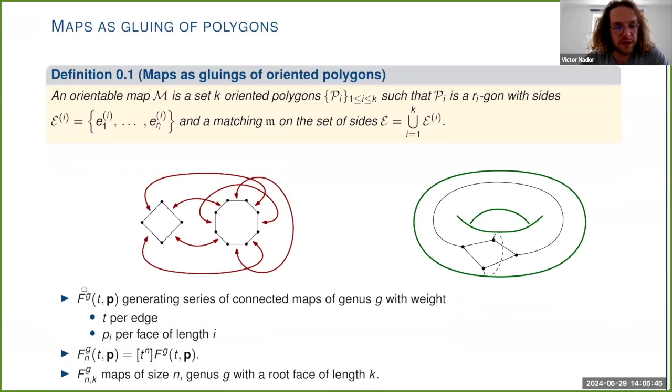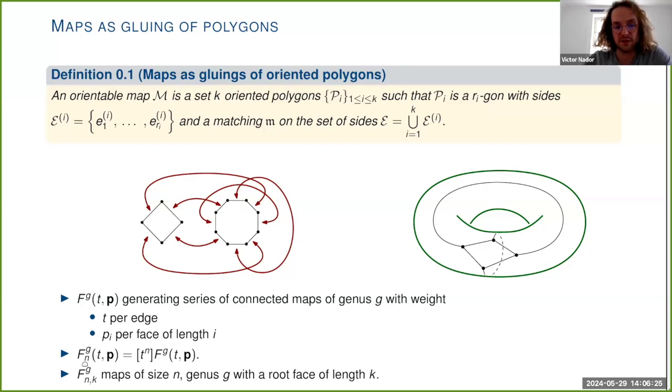So combinatorists typically want to enumerate this type of object with different types of weights. So for example, here I will denote F the generating series for maps, with a superscript g for the maps of genus g, on which I put a weight t for the size of the map, so the number of edges, which corresponds to half the size of the polygons, since they are paired together, and an infinite set of variables p_i, which correspond to a weight p_i for each face that will have length i.